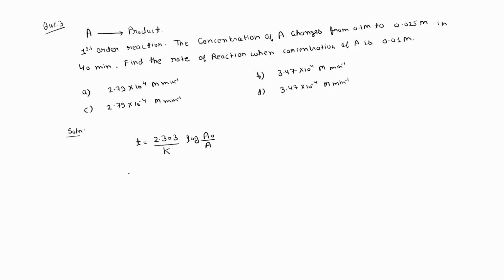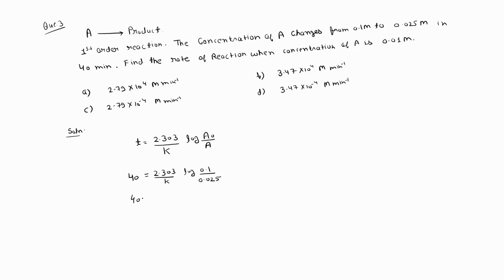So A naught is 0.1 molar and A is 0.025 molar, so we get log 4.